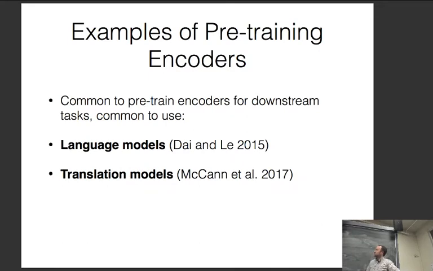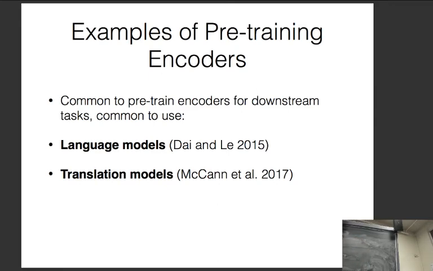Also, translation models. So there was a nice paper that basically trained a translation model and used the vectors learned by the encoder of the translation model as representations of words.